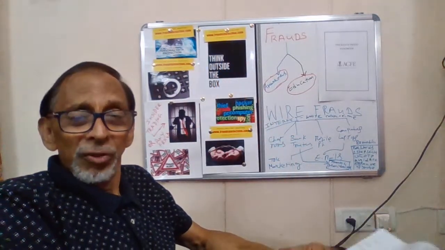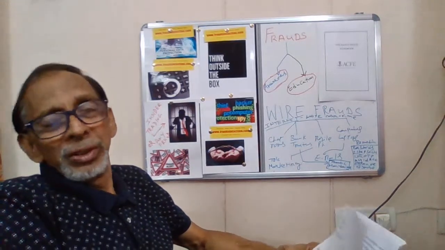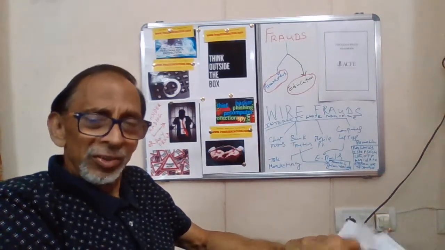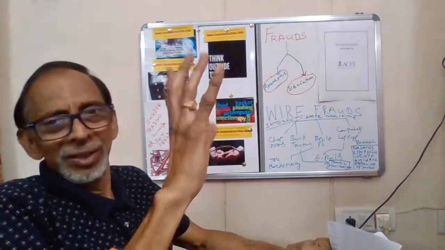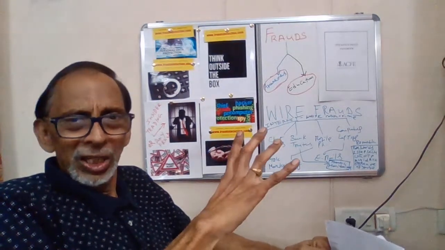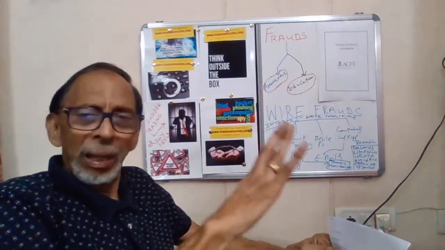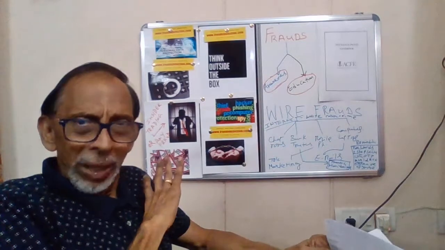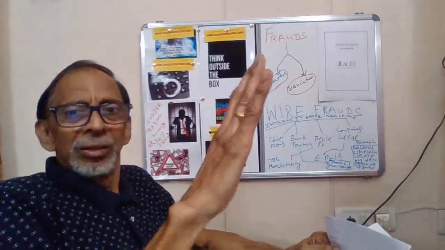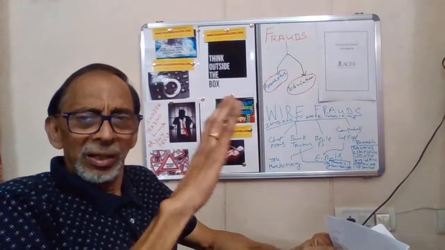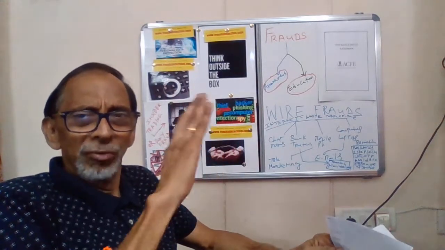So wire fraud is extensively used in banking frauds, all frauds relating to banks. Whenever there is a shift of a huge bulk of money, as in money laundering, everything happens through the banking system only.